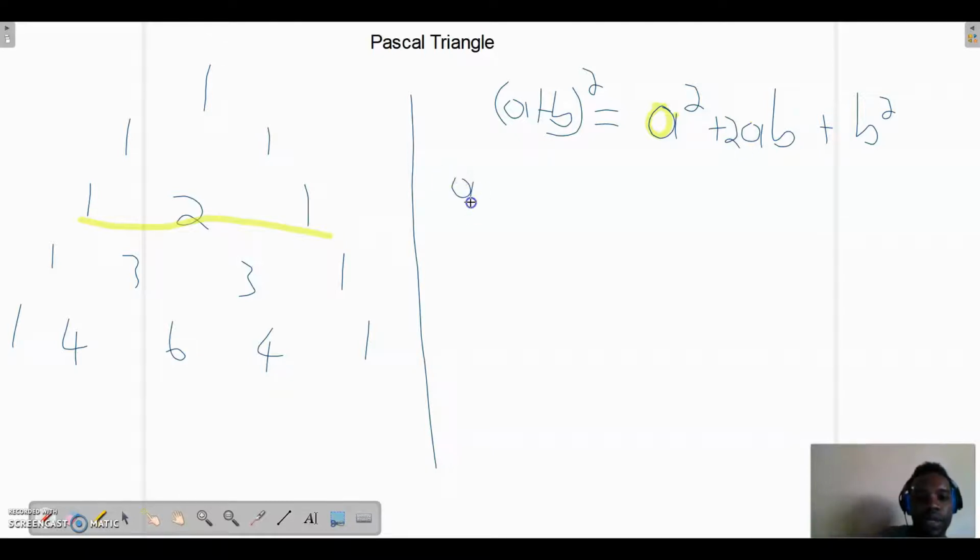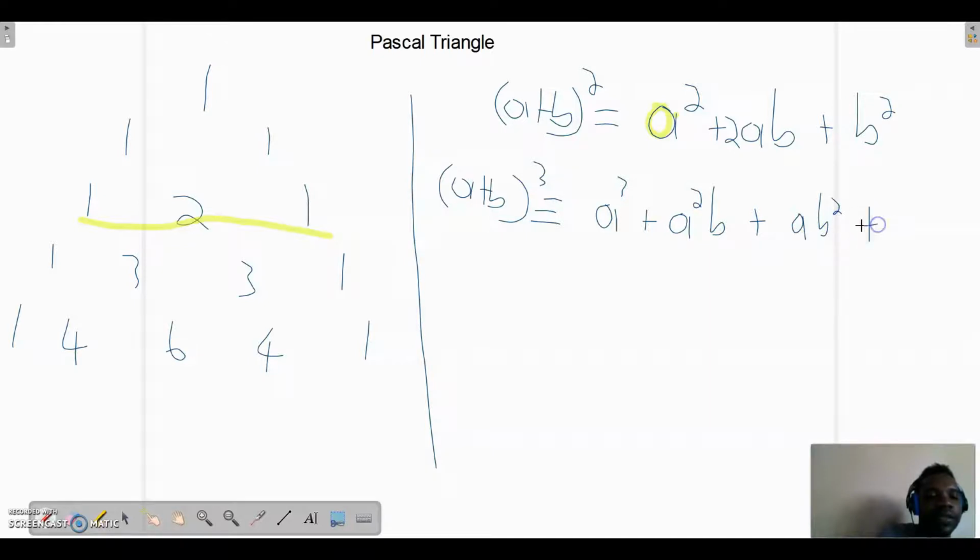Let us move on to a plus b all cubed. The concept is pretty similar, and as you can see here, it follows a pattern. The a takes the power of the bracket and b takes the power of 0, so I'm going to have a cubed. The a counts down, so it goes to a squared. The b comes in. The a goes down again, so you have a. The b goes up, so you have b squared.